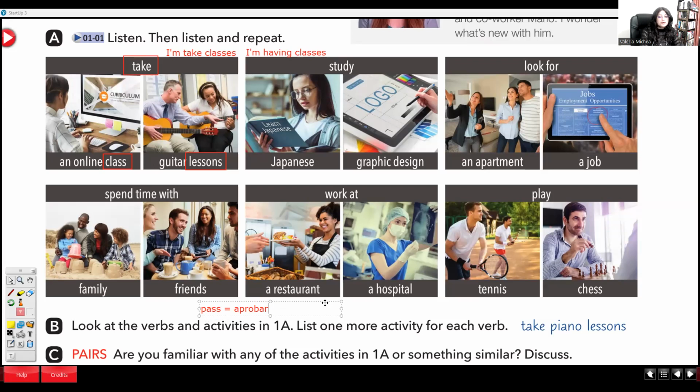So you can say, I passed English, which means aprobé inglés. It's perfectly correct, but it means something totally different from the Spanish pasar clases. It's not the same. Pass in English means aprobar. So careful with that. An important thing to remember.